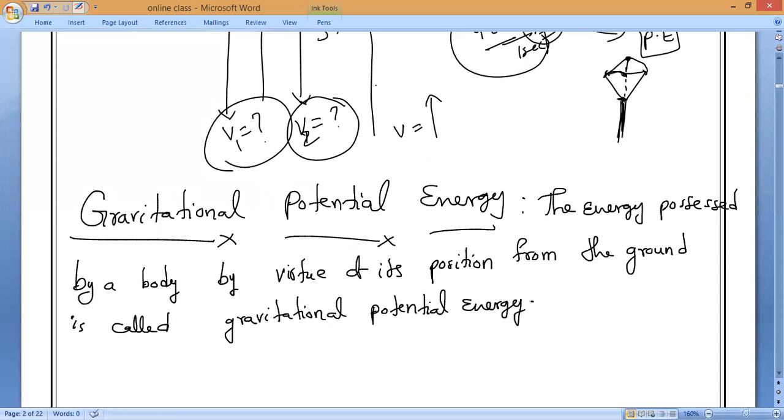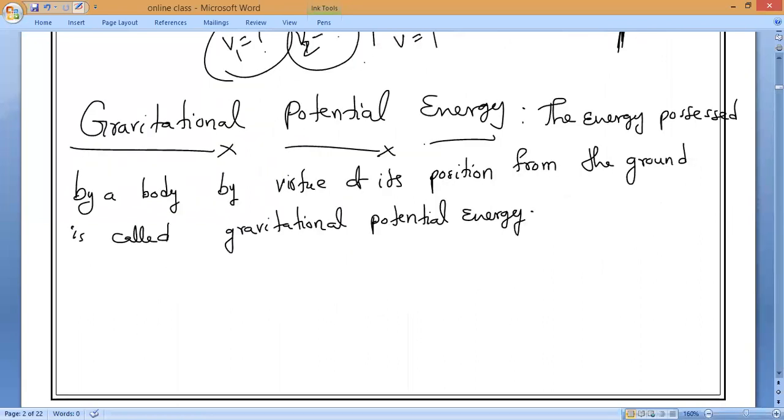So, types of potential energy. How many types of potential energy? Two types. One is, what is that? Elastic potential energy, and the second one is gravitational potential energy. So can anyone give me an example of gravitational potential energy? All of you, I want the answer from you.